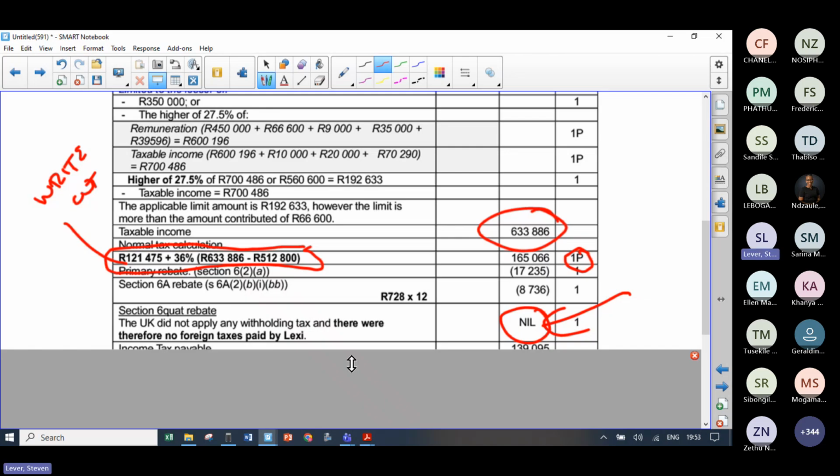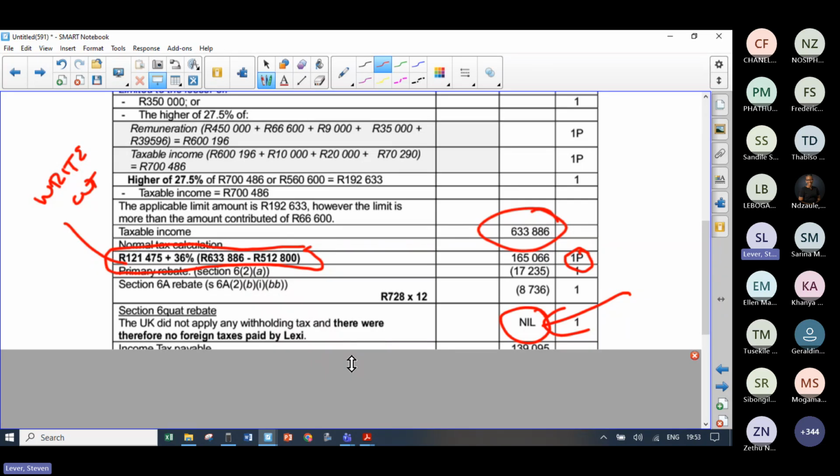Your 6A rebate, it's not going to be times 12, it might be times 9 or times 10 or whatever. It depends on how many months the person was alive for.